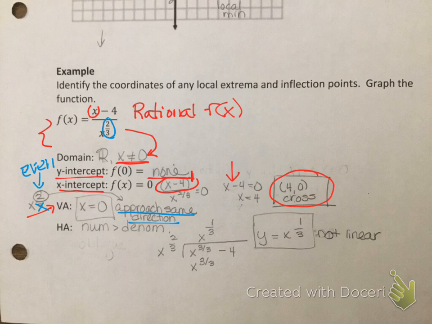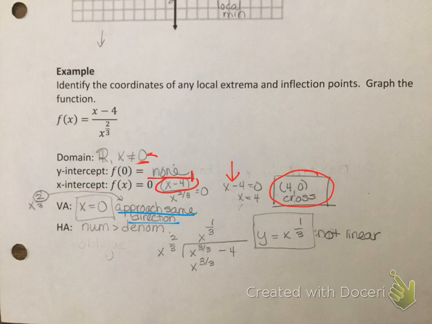All right, let's erase some of this and talk about what kind of horizontal asymptote I have, if any. So, my horizontal asymptote. Please recall your horizontal asymptote rules. You're looking at the degree of the numerator and the degree of the denominator. The degree of the numerator is 1.